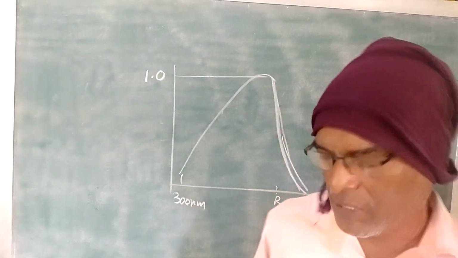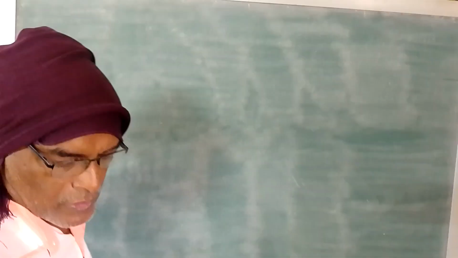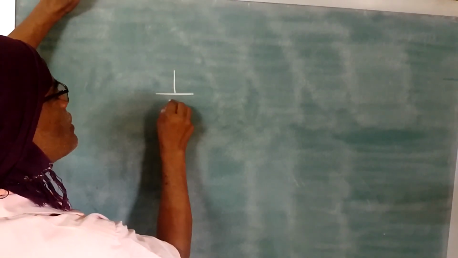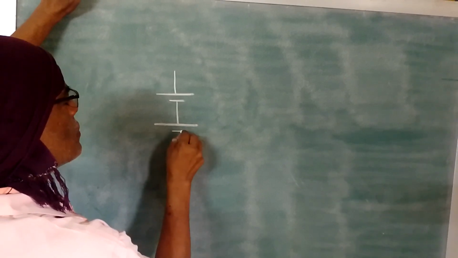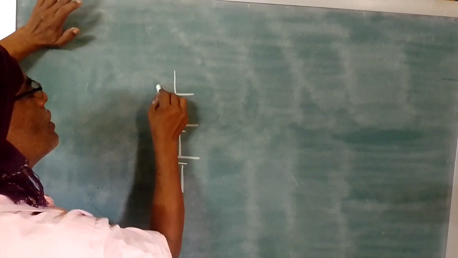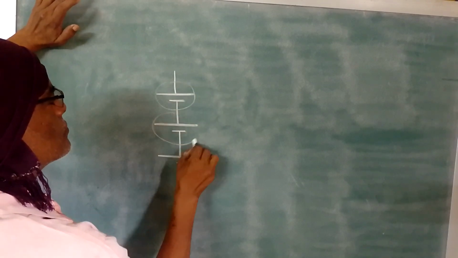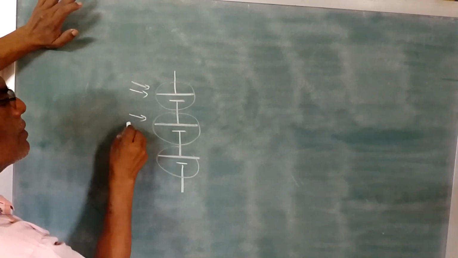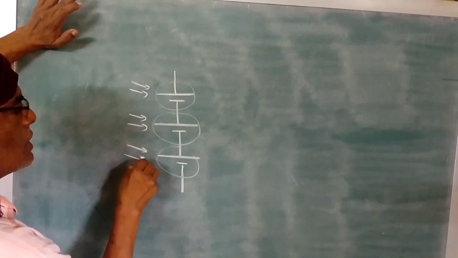So two kinds of arrangement is possible. So first arrangement, first this is one solar cell, then this is one solar cell, like that. And light falls on this solar cell.